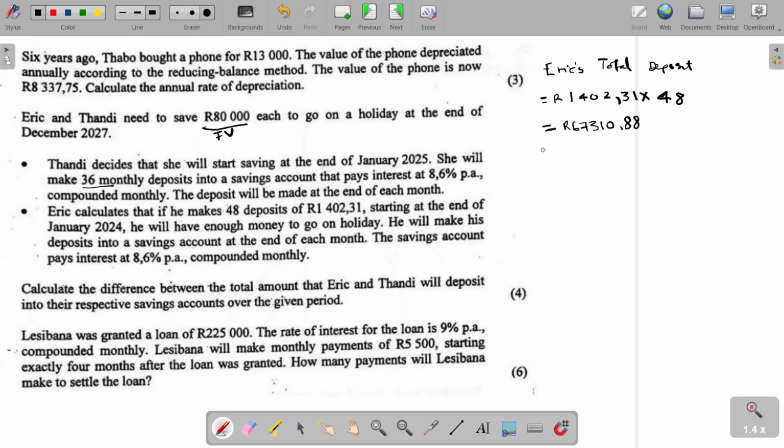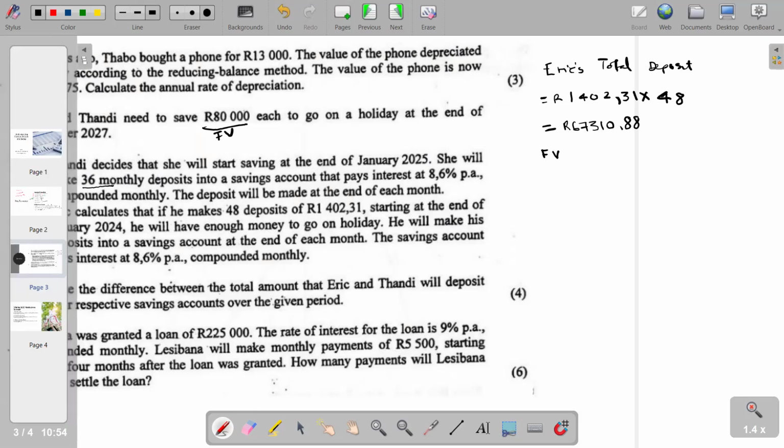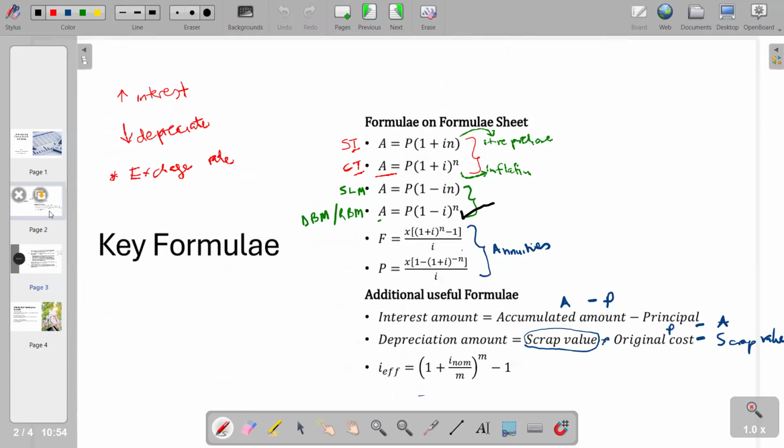So the formula is going to be, let's go to our formula sheet, to the formulas that we are going to use. So here are the formulas, but the one for future value of an annuity, here it is. So we are going to use that.